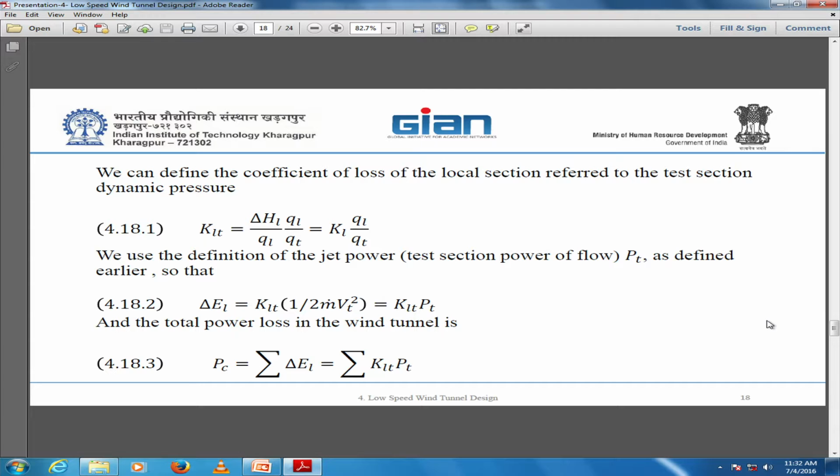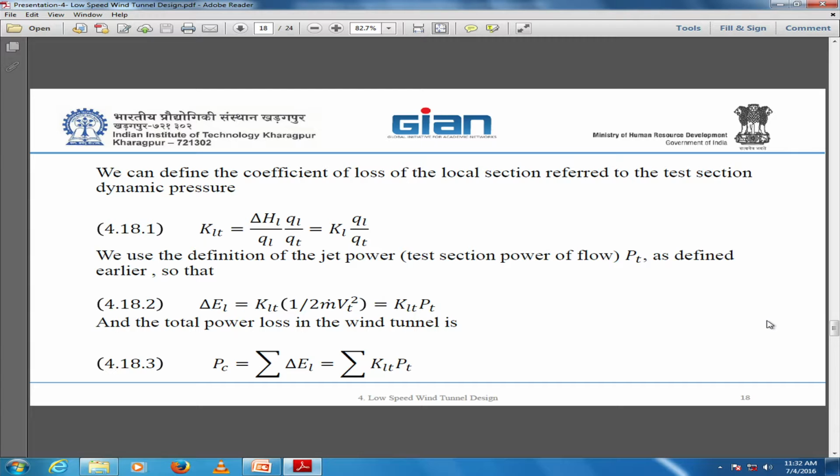Just see that the numerator is P sub T, not P sub L. In this formula, 419.1, the jet power is P_T, power T. Sometimes the pressure and power are confusing. P here stands for power. And we are dividing the jet power by the total loss.